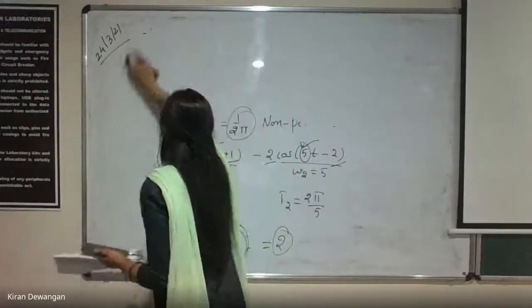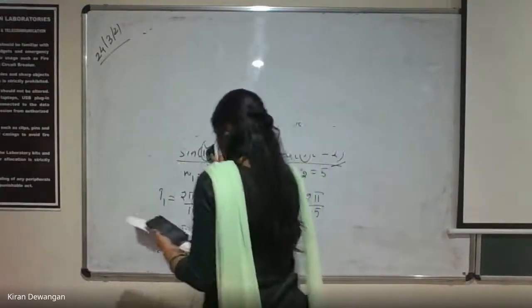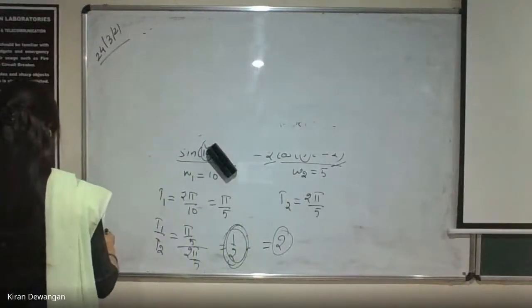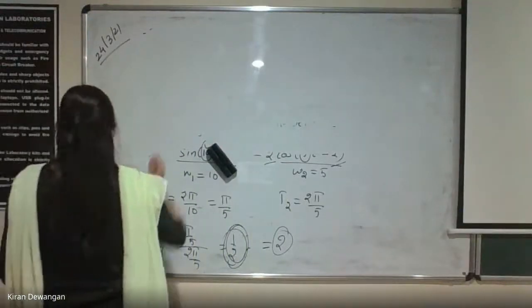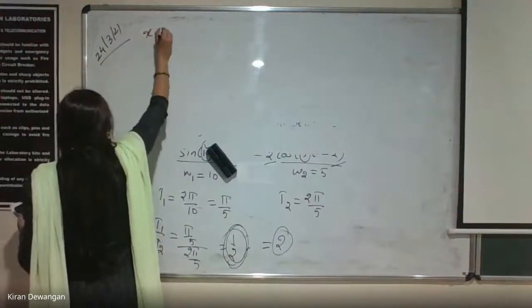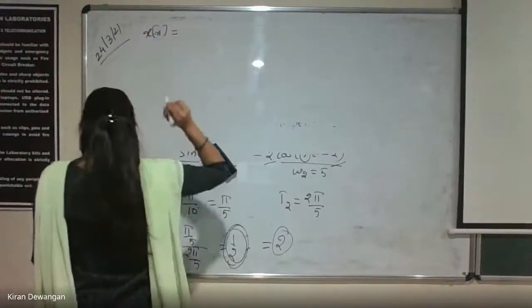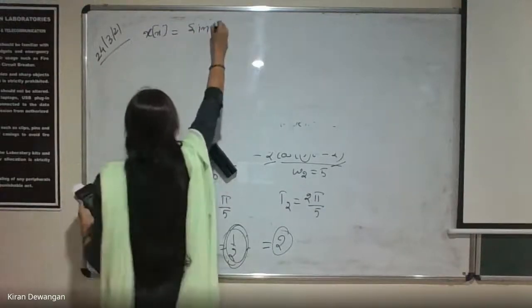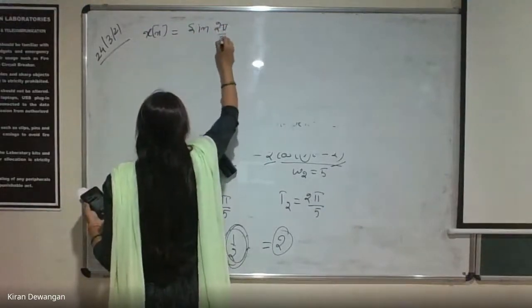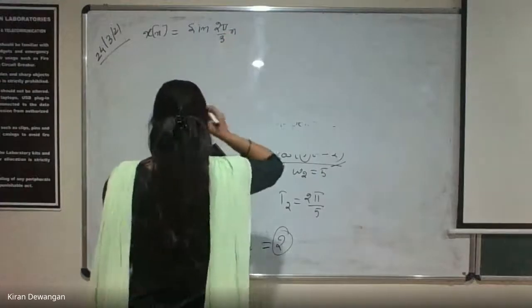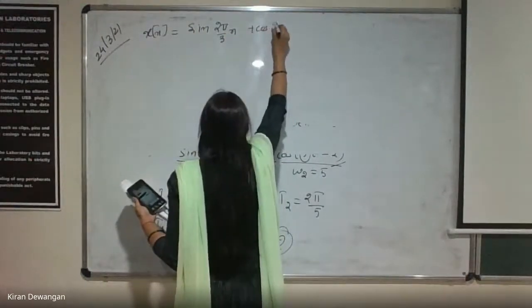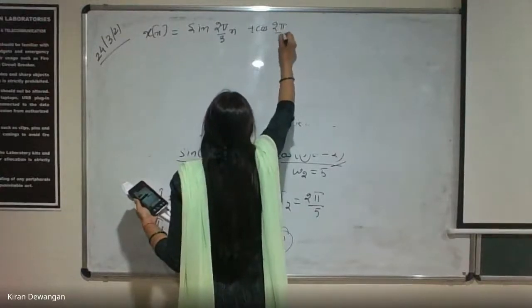Now let us have one more question based on discrete. If it is given in terms of discrete, x of n, that is sine of 2 pi by 3 n plus cos 2 pi by 5 n.